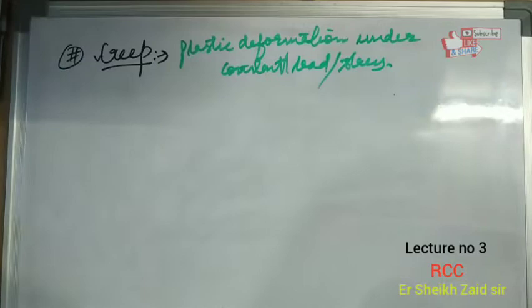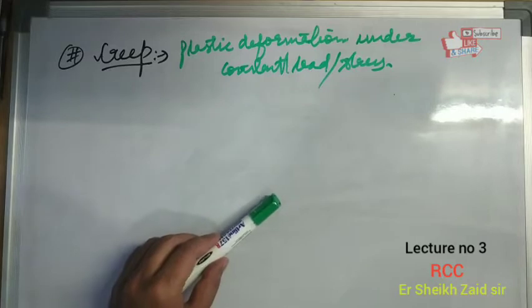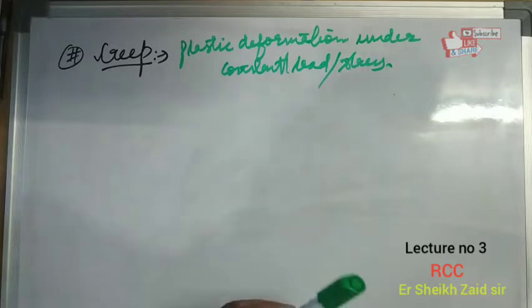So concrete under the action of constant load or stress continues to deform with time. This plastic deformation grows rapidly and reaches highest intensity in the first 3 to 4 months after application of the load, and then continues to increase gradually, approaching the limiting value in the period of around 5 years.